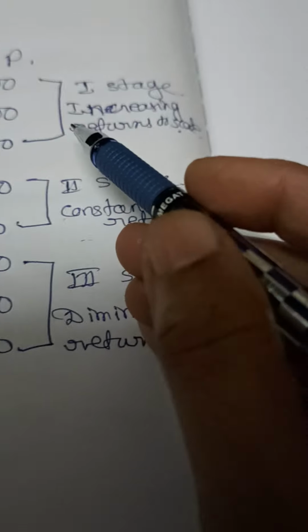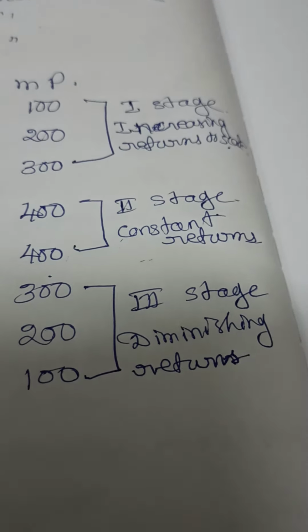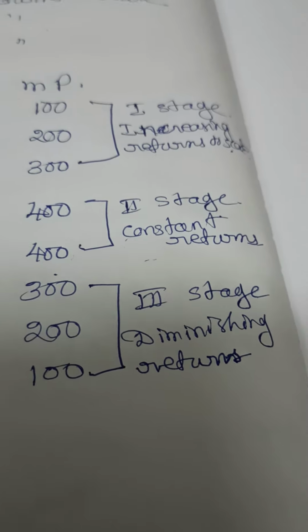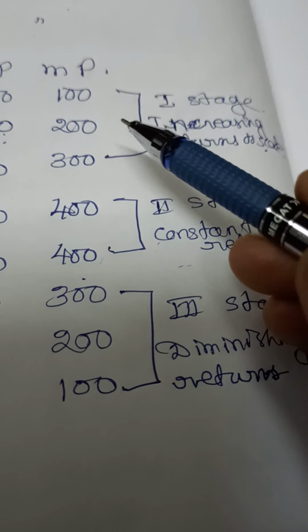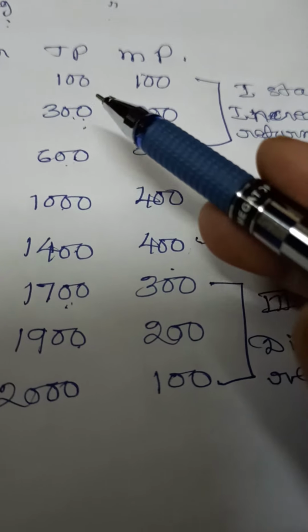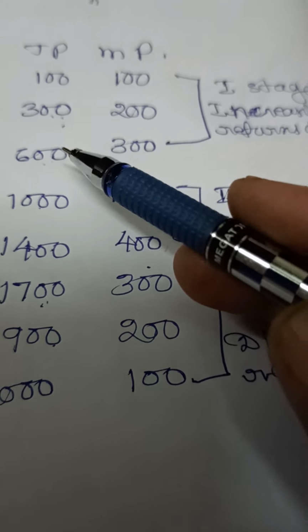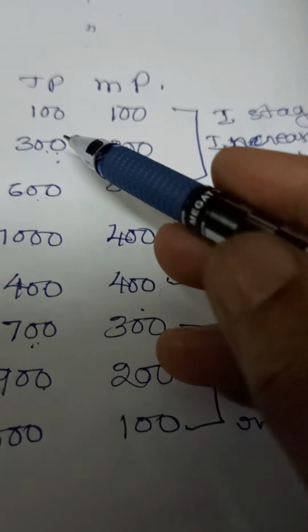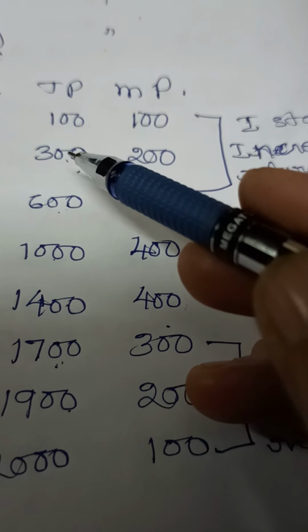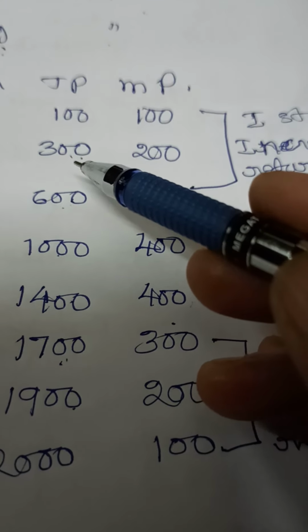So the first stage is a stage of increasing return to scale. In this case, the output is more than double. When you double the input, you get more than double of the output.